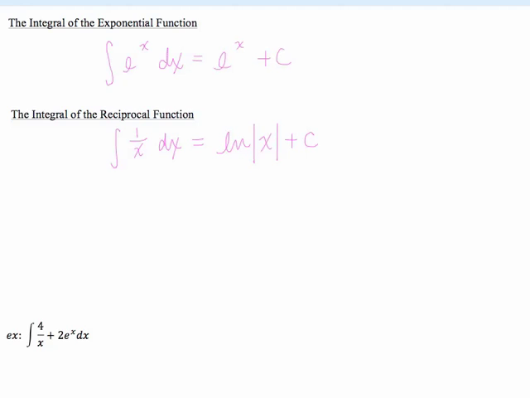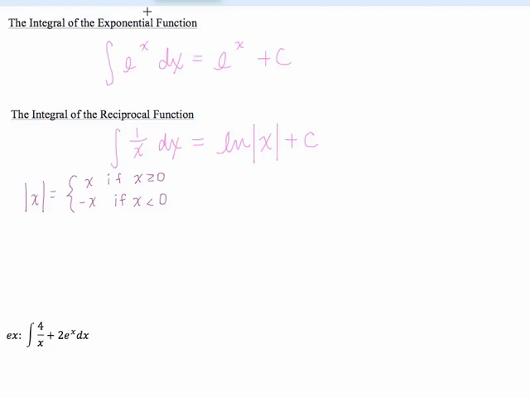So why is this? Let's check here. The natural log of the absolute value of x, let's write that first as a piecewise function. The absolute value of x is equal to itself if x is greater than or equal to 0, or it's equal to negative x if x is less than 0.